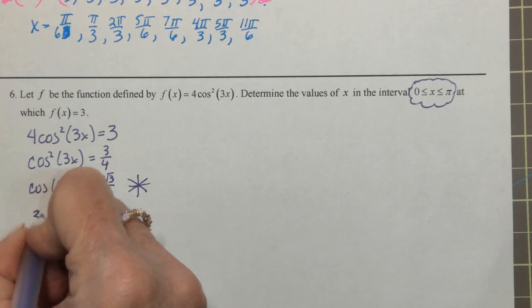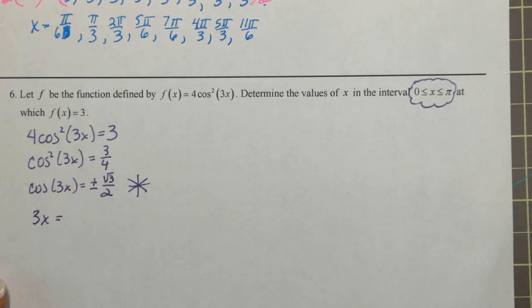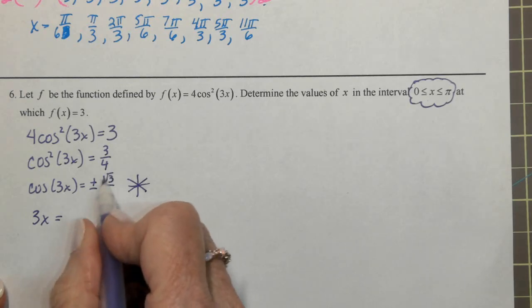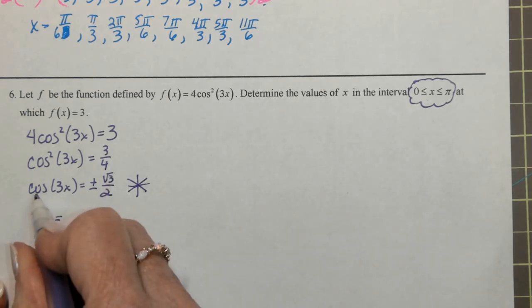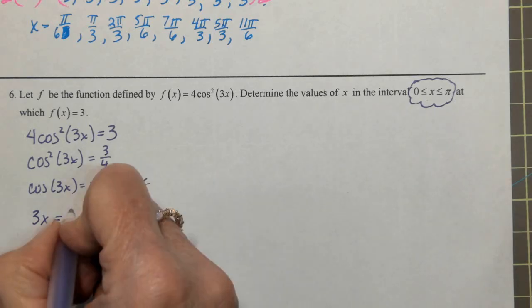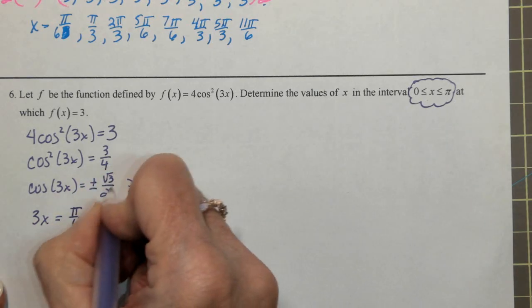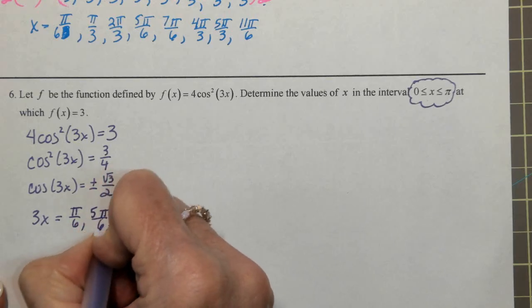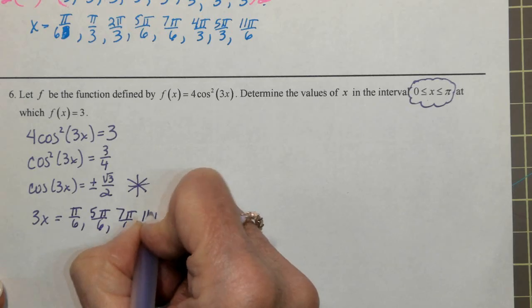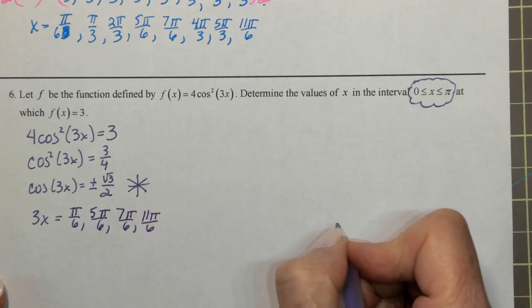So 3x is equal to all of the pi over 6 angles, because cosine is square root 3 over 2 at all the pi over 6 angles. So pi over 6, 5 pi over 6, 7 pi over 6, and 11 pi over 6, right?